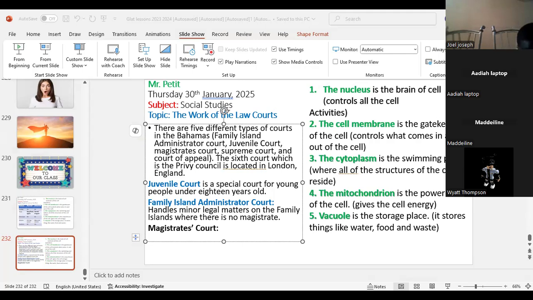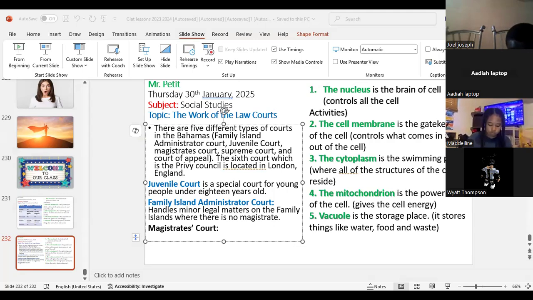All right, so then we have the magistrate court. Sorry, we already did the magistrate court. Magistrate courts also handle minor, small crimes, like theft and traffic offenses.